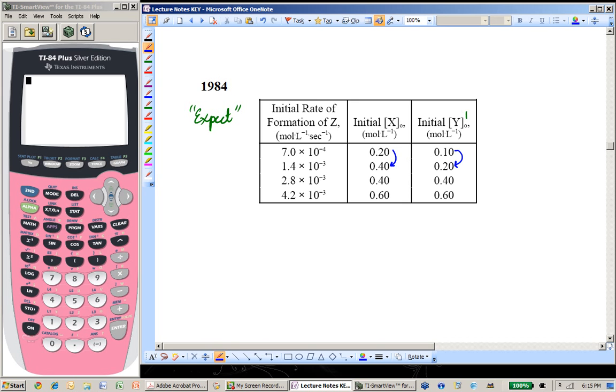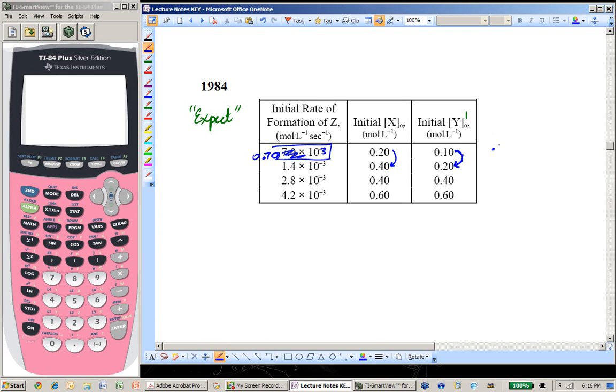What do we know? We know that this initial rate of 0.70 times 10 to the negative 3 is going to double. How do we know that? Because we know that whatever we do to the concentration of y also happens to the rate.